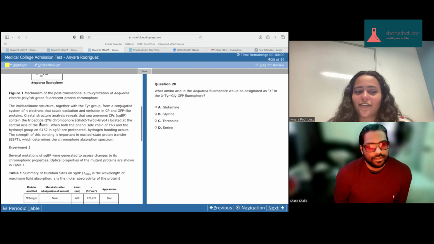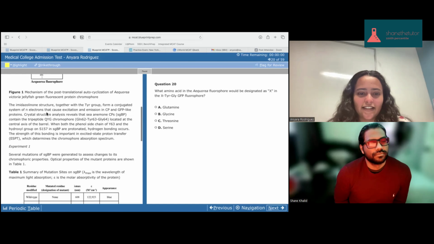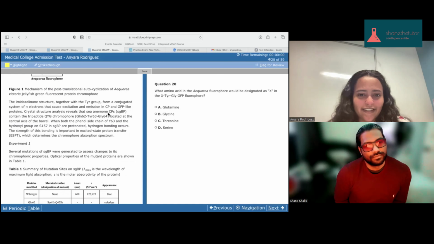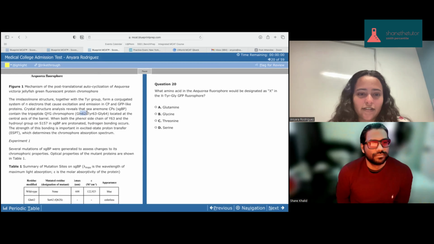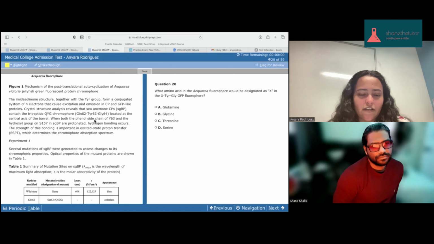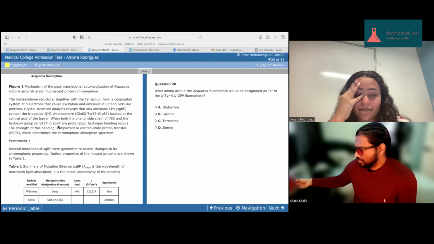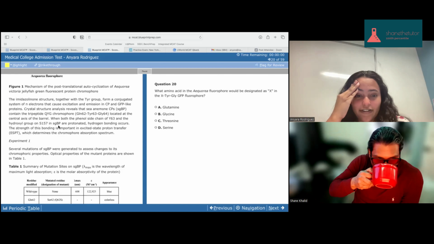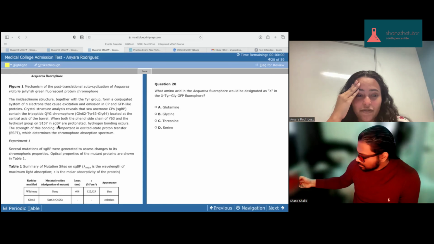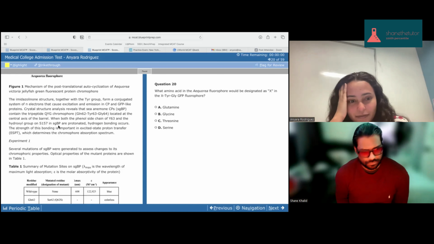Crystal structure analysis reveals that C-anemone CPs contain the tripeptide QYG chromophore, glutamine, tyrosine, glycine, located at the central axis of the barrel. When both the phenyl side chain of Y63 and the hydroxyl group on S157 in SGBP are protonated, hydrogen bonding occurs. The strength of this bonding is important in excited state proton transfer, which determines the chromophore absorption spectrum.